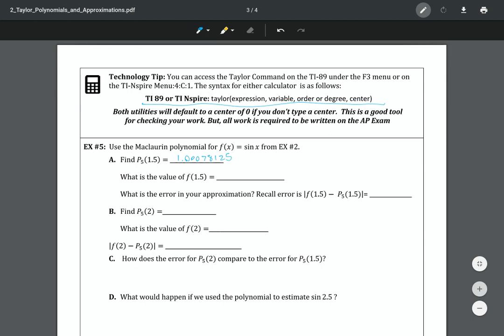All right, so P of 5, what this means right here is that they're actually using the Maclaurin polynomial to approximate what f of 1.5 would be. So the actual answer would be this.